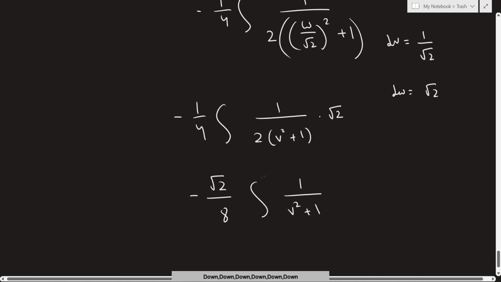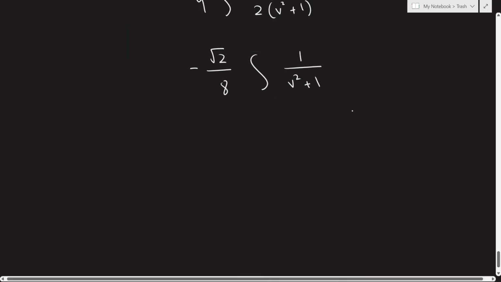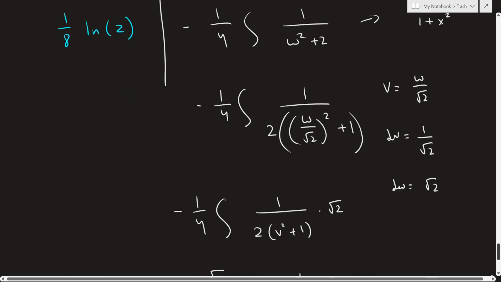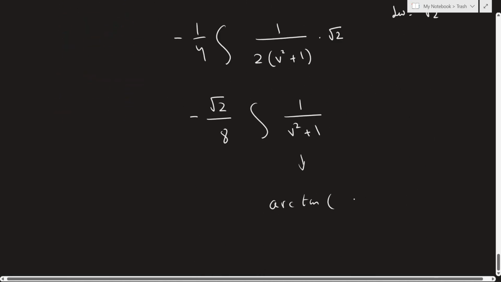Right? So now we have the form of arctangent. We can change this to 1 over 1 plus v squared if you don't see it, but either way, it's going to be arctangent. So arctangent of v. What is v? We chose it to be w over radical 2.